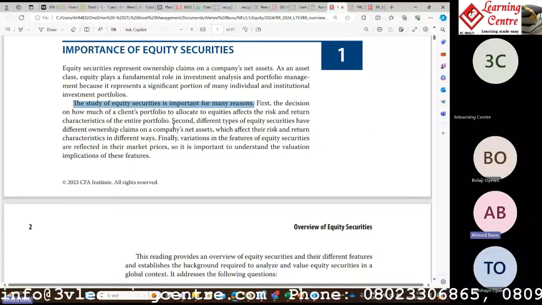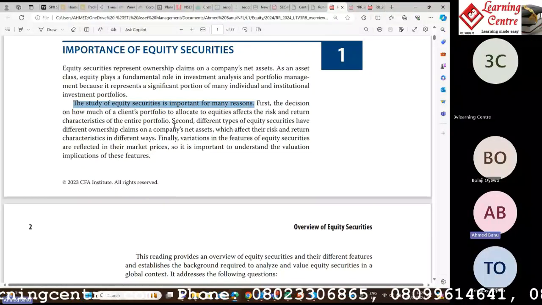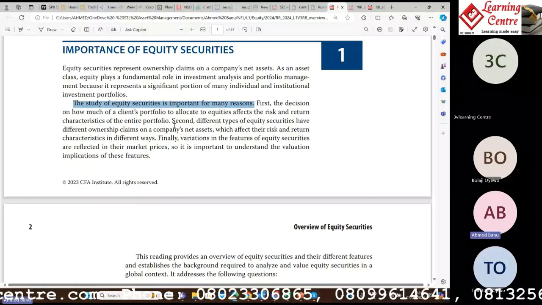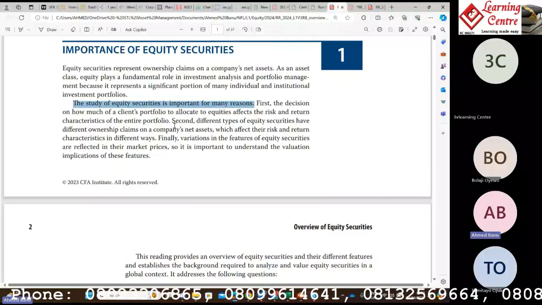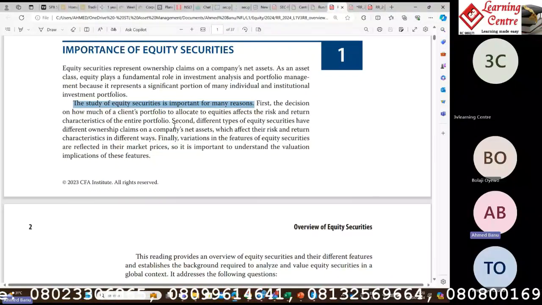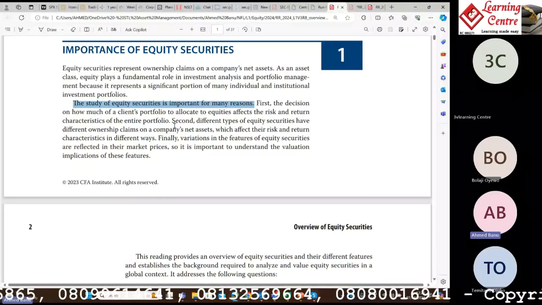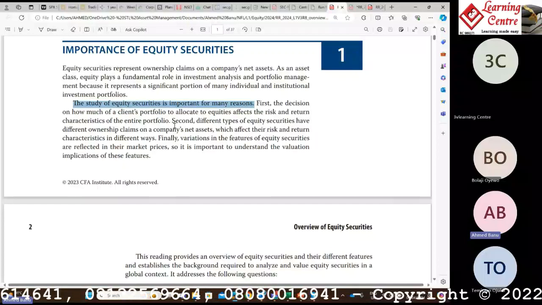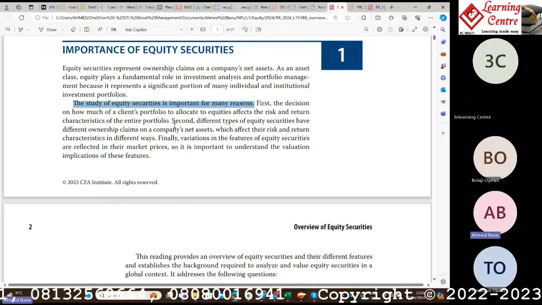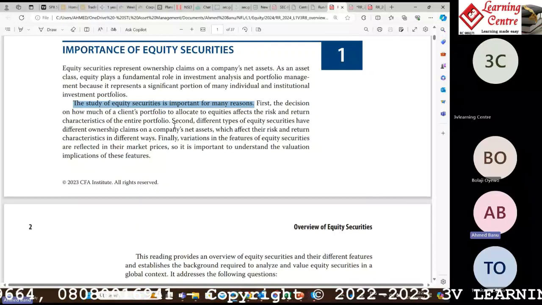Then the second part says different types of equity securities have different ownership claims on net assets, and you need to understand the risk and return of that. It's not just one equity. We have several types of equity securities, which is what we're going to learn today, and each one of them carries different investment characteristics as regards return and risk.